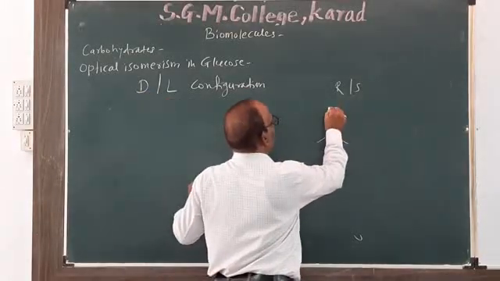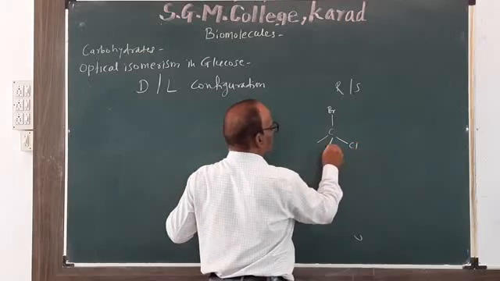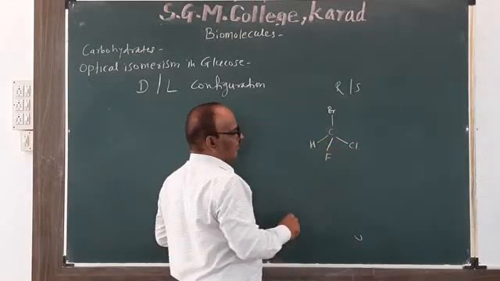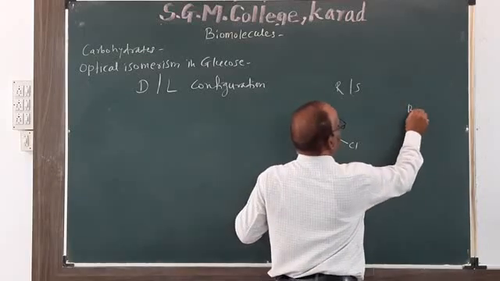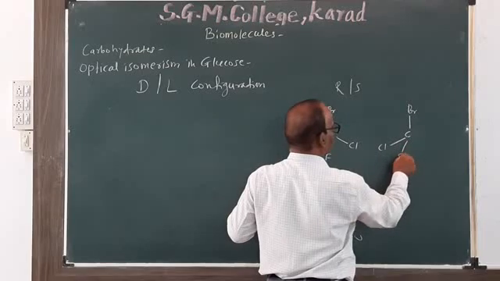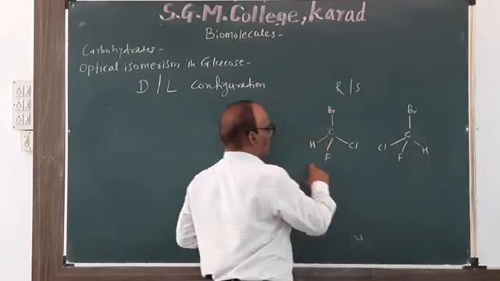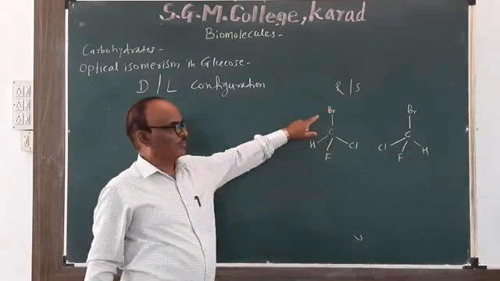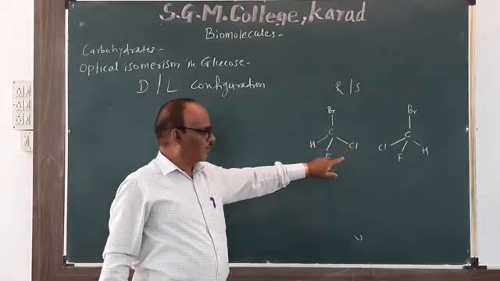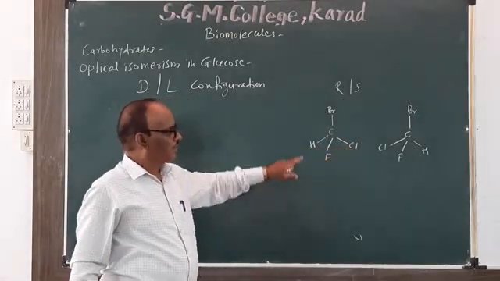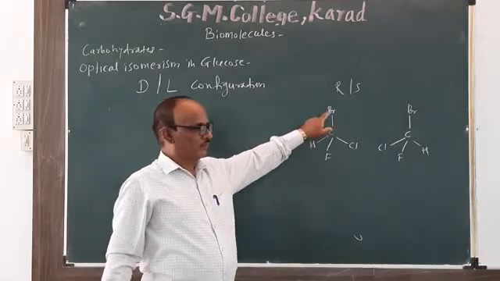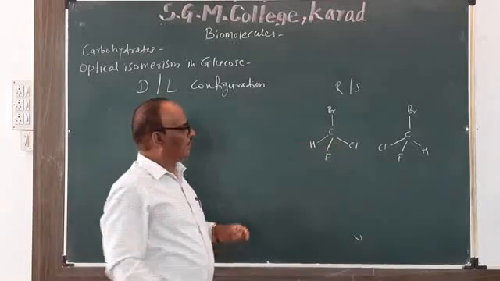first, here bromine, chlorine and hydrogen. So this is one isomer. The second isomer is bromine, here chlorine and hydrogen. Bromine has the highest priority, then chlorine. The priority of these groups depends upon atomic number.